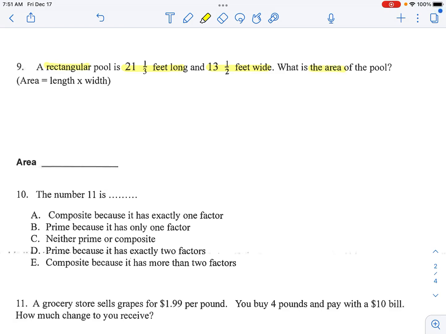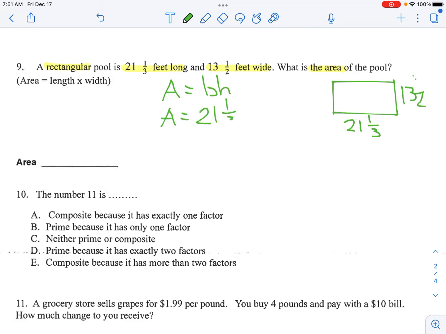Okay, so if I have a pool, it's 21 1/3 feet long and 13 1/2 feet wide. We know that for a week now we've been doing base times height to find the area of a rectangle. So we're going to do 21 1/3 times 13 1/2.